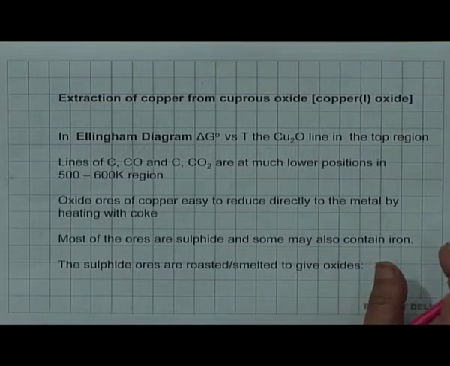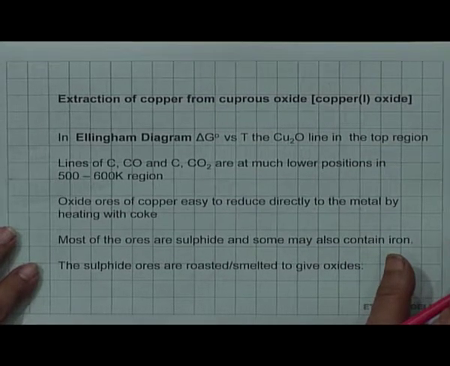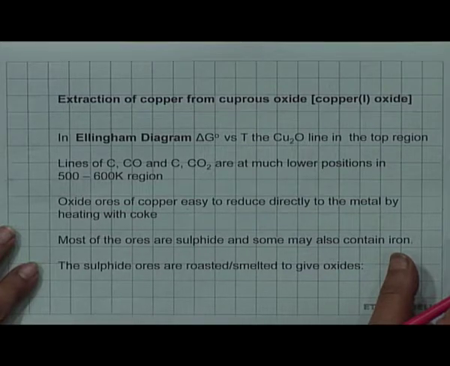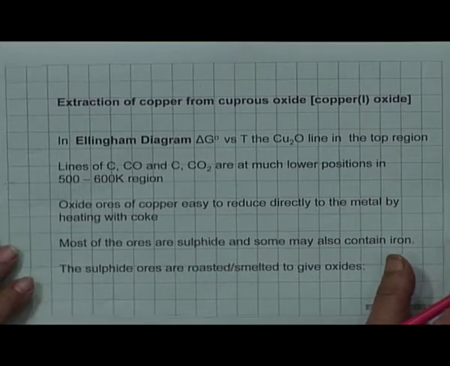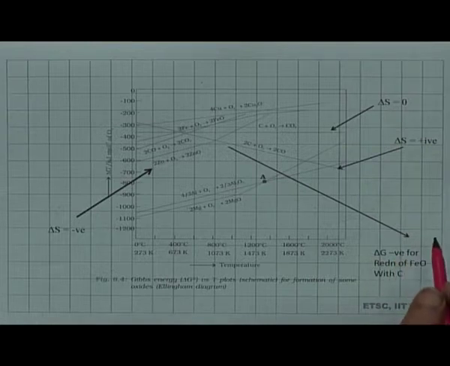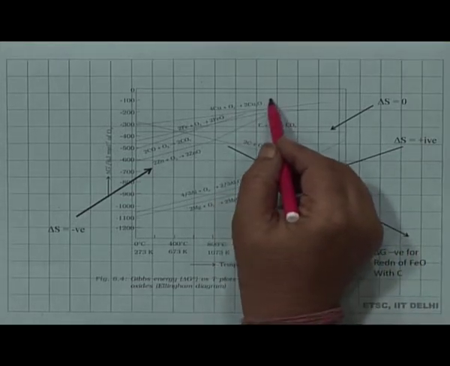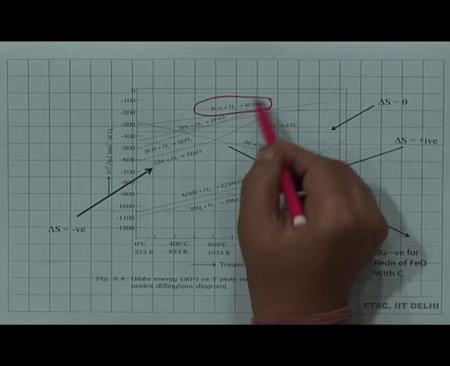Now, let us learn more examples of extraction of metal from ore. First example other than iron we are going to discuss is of extraction of copper from cuprous oxide or copper monoxide. If you look at the Ellingham diagram which we have discussed earlier also, you can see that copper is on the top of this diagram.